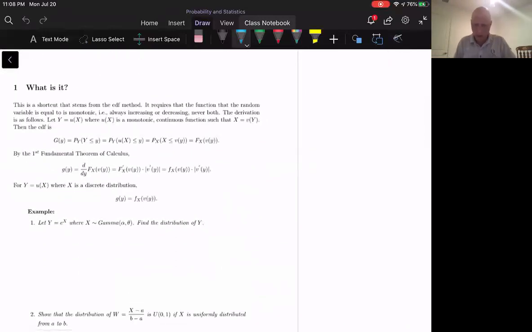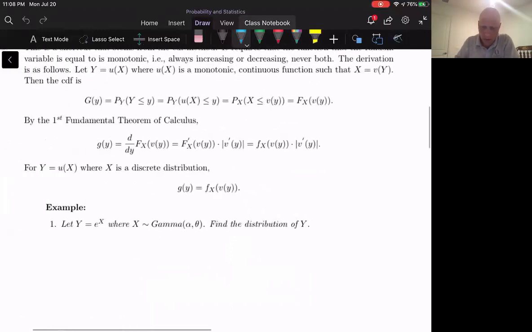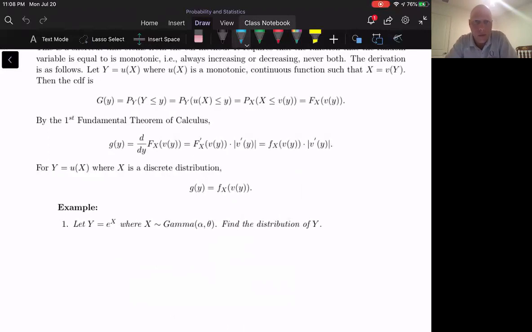All right, so the derivation for this shortcut is given in the top part of this handout. And mainly you'll notice that the pattern is what we've been going through. So the CDF, which I'm calling a capital G of Y here, by definition is the probability that capital Y is less than or equal to little y.